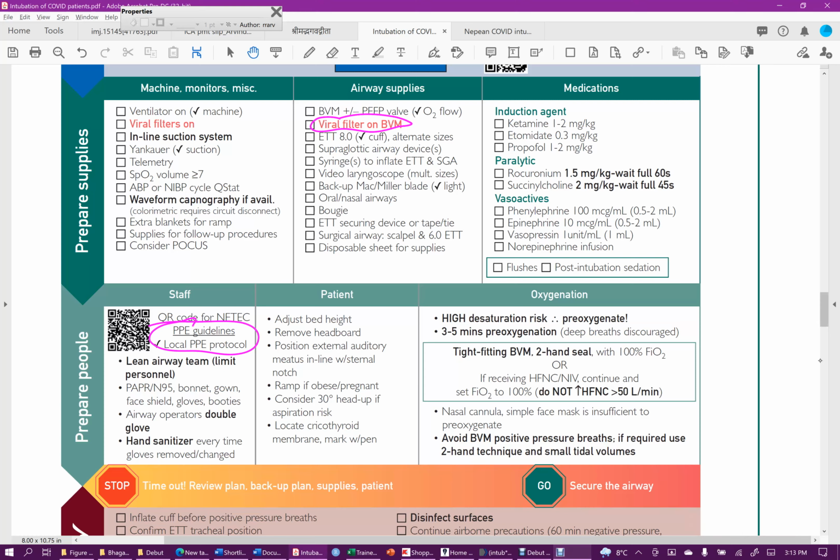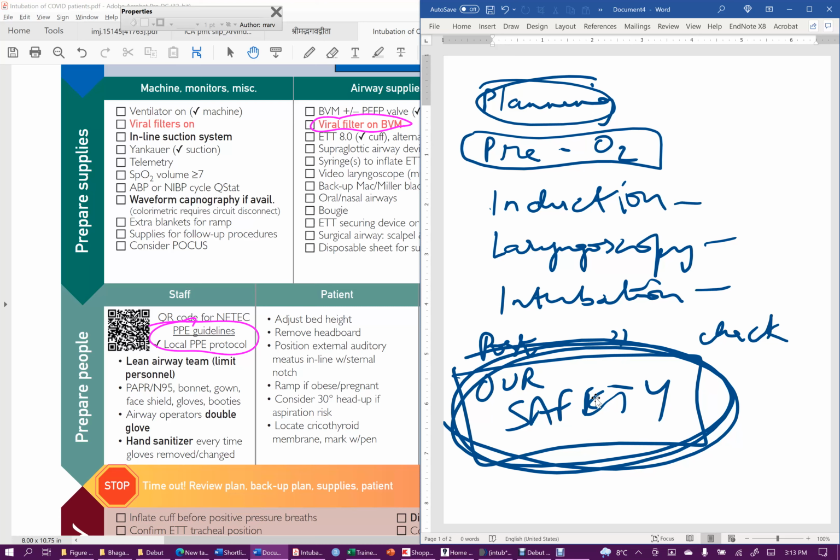Now, this is the second important difference between a normal, non-COVID intubation and this one. So, coming back to our safety. This is one of the few times where you will put the safety of yourself and of your staff above the emergent needs of the patient.